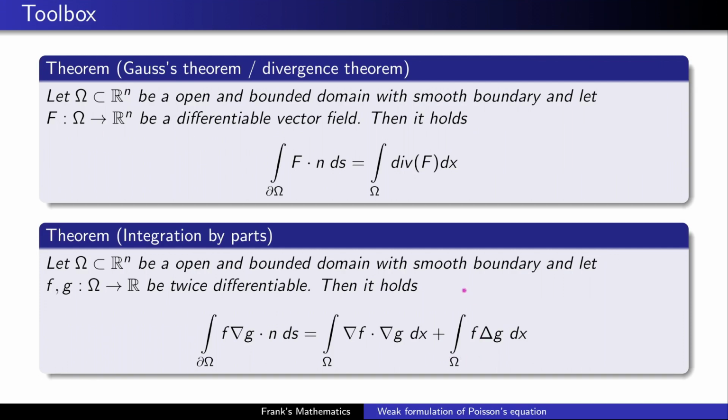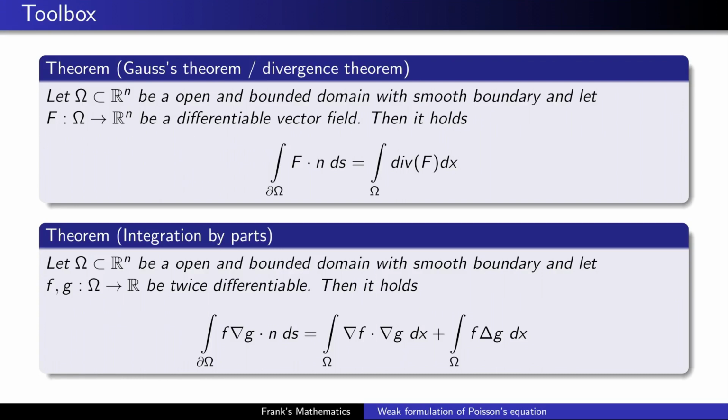And the same thing happens here, right? We have second derivative on g. Here we have the first order derivative on g. Here we have no derivative on f, while here we have a derivative of f. And we pay a price. We have some integral over the boundary left. So this is the same thing as the normal integration by parts.